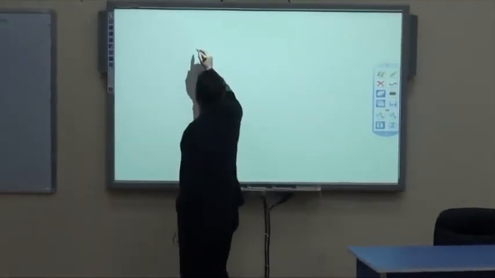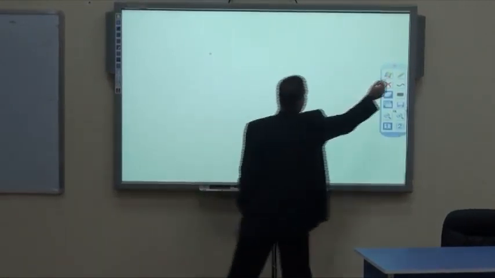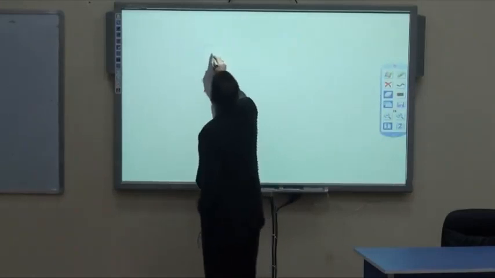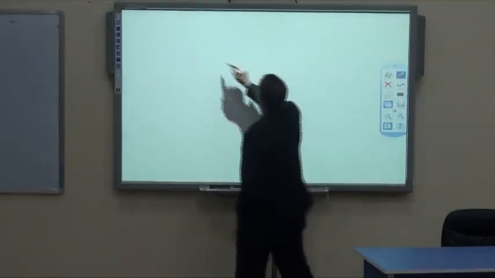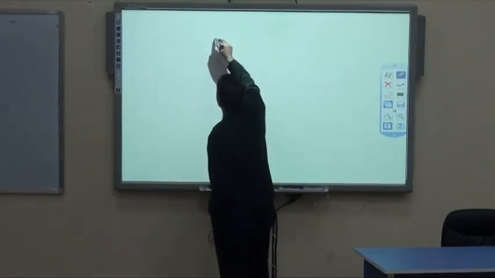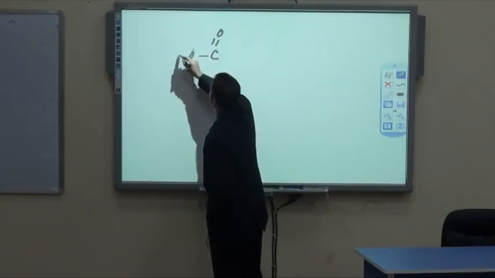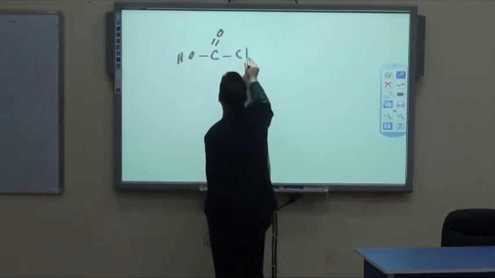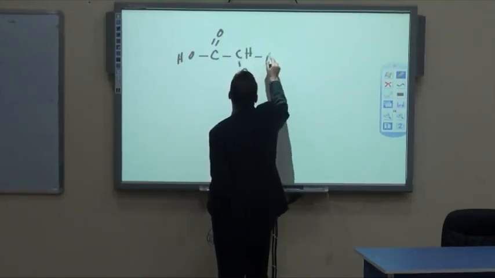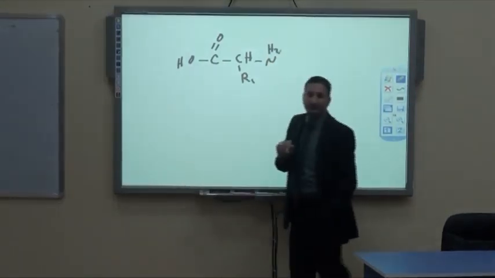Amino acids, as we know, contain two terminals, one carboxyl group and the second an amino group.